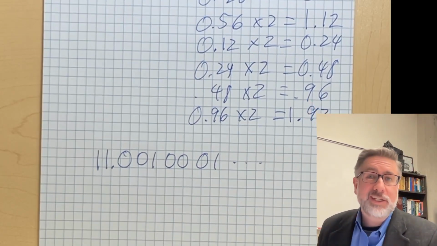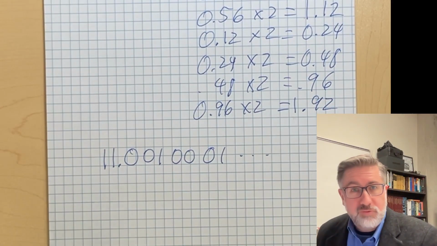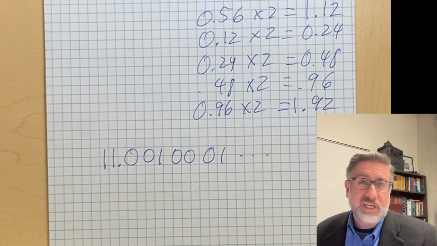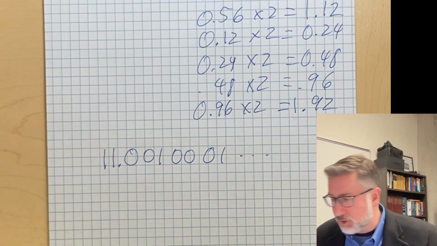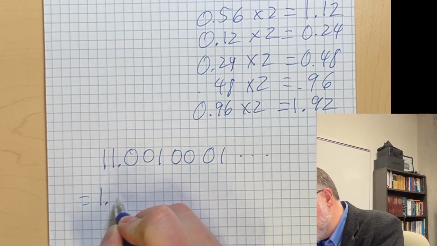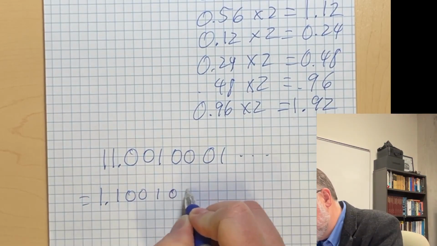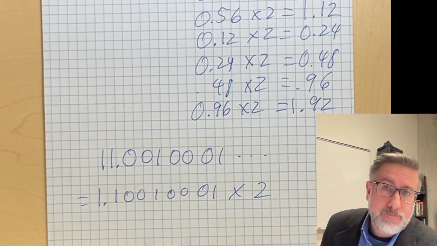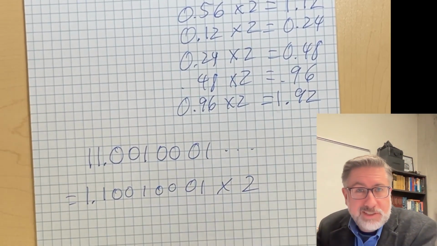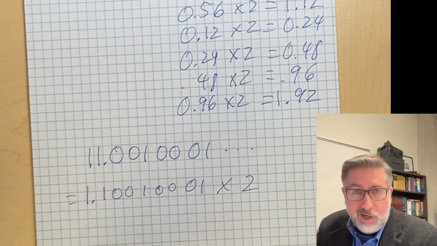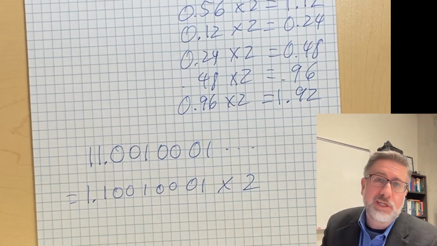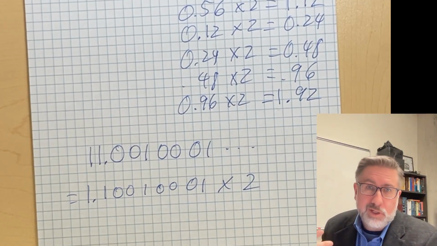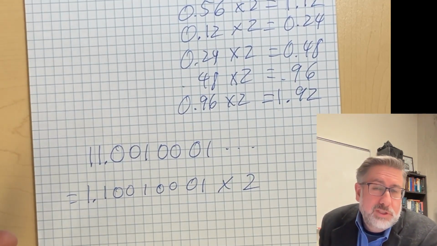Step 1 is to normalize. We need to move that radix point so that we get 1 point something times 2 to the something. So this is 1.1001001 times 2 to the what? Well, we move that decimal point 1 space to the left, right? 1 times 2 is 2. 1.5 times 2 is 3.